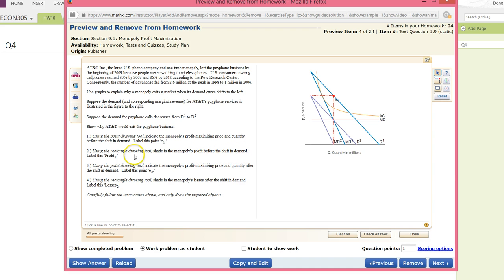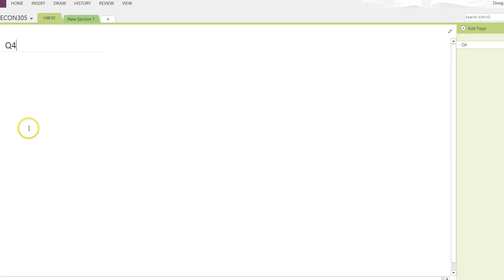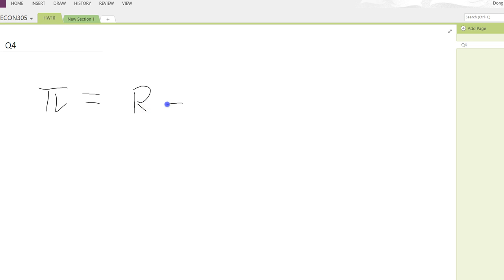And number two, using the rectangle drawing tool, shade in the monopoly's profit before the shift in demand. So how can we draw the profit? To understand this, let me write down the equation for profit. Profit pi equals revenue minus cost. This may not be very obvious to understand graphically.